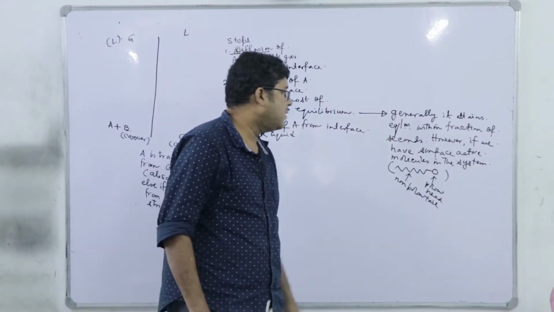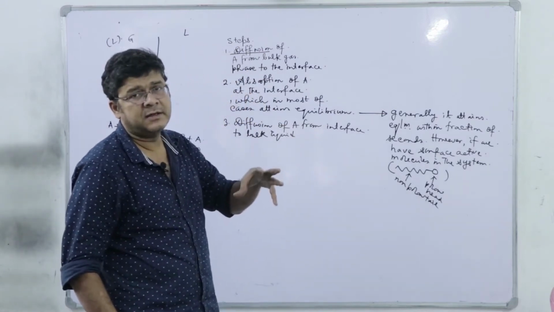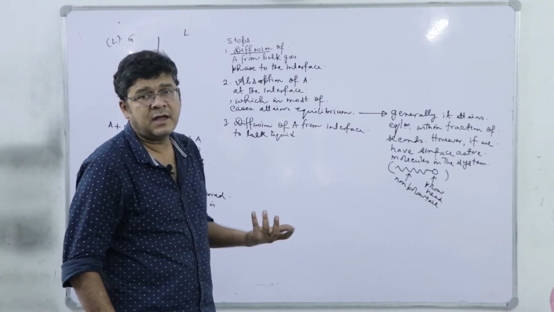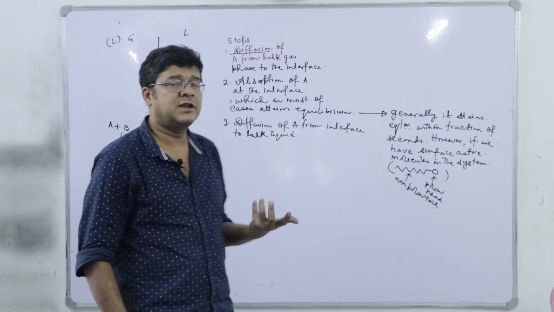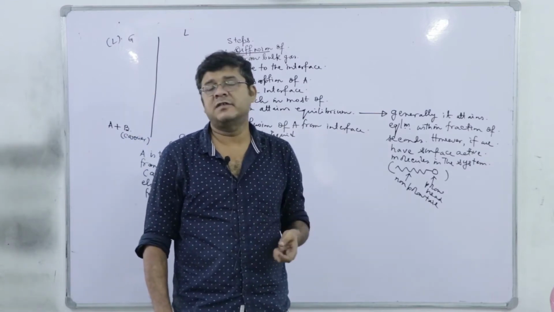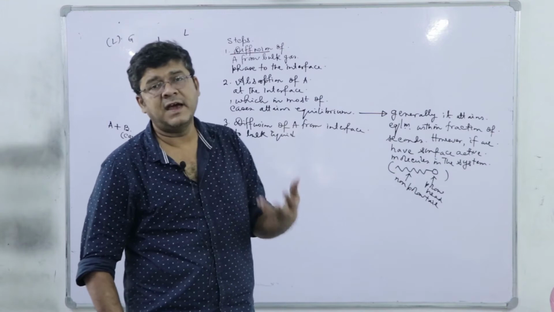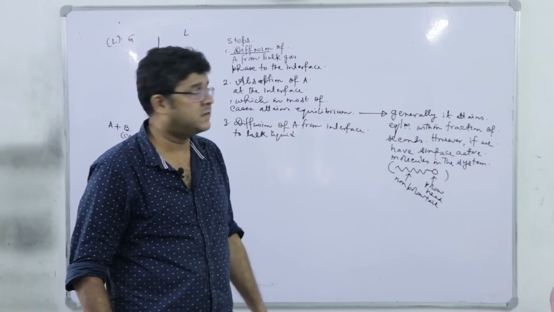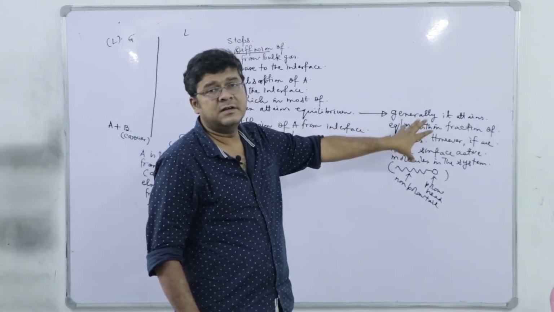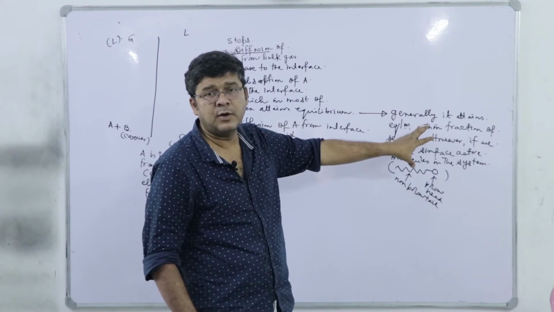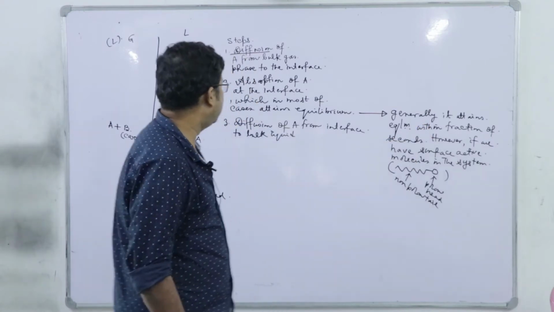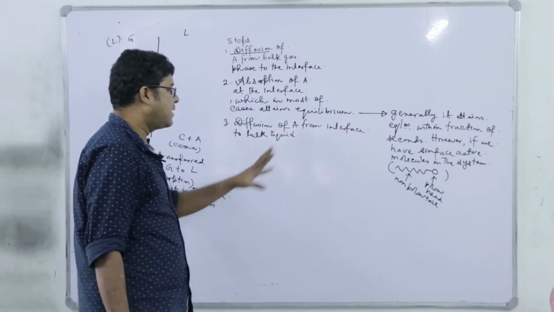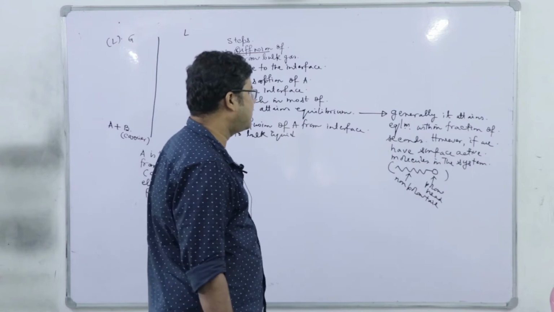Those surface active molecules have a tendency to accumulate at this interface, and based on whether the liquid is polar or non-polar, they will change the orientation of head and tail, and no matter what the orientation, finally it will give rise to an interfacial resistance, and in that case the interfacial equilibrium will be delayed, right. So, it will not attain equilibrium instantaneously. Anyway, that is a rare case. Generally, it attains equilibrium within a fraction of a second.